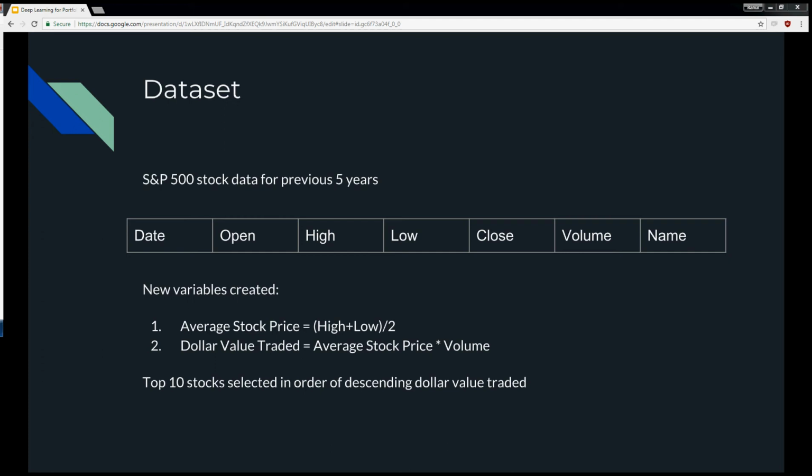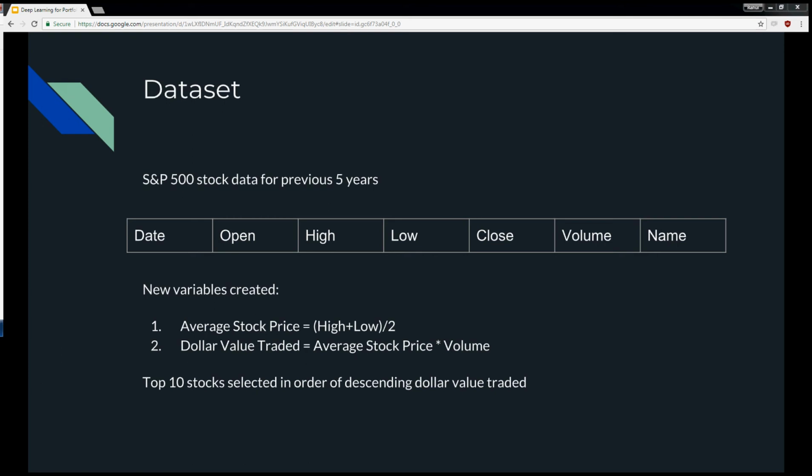The metadata has the date, the name of the stock, for example Google, Amazon, the volume, that be the number of stocks sold and bought on that date, the open, which would be the dollar amount of that stock with which it opened on the specific day, the high, which would be the highest dollar amount that it achieved, the low, which would be the lowest dollar amount that was achieved on that day, and the close, which would be the final closing price.